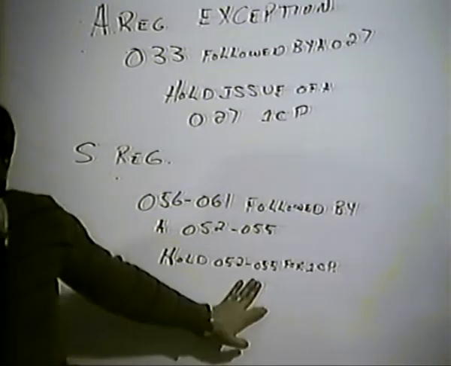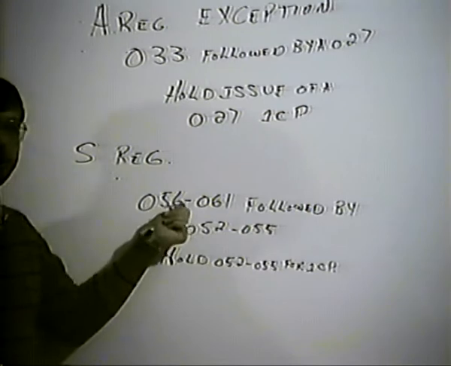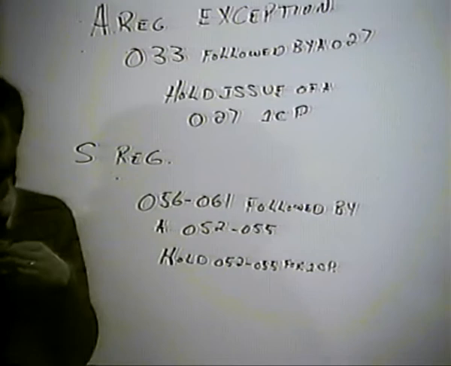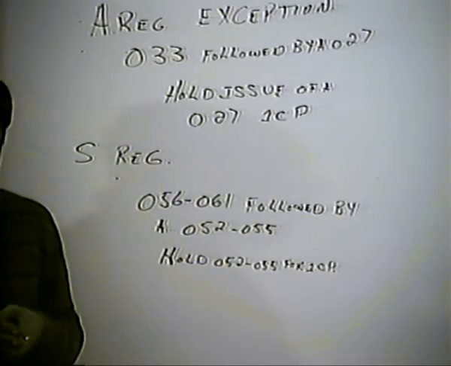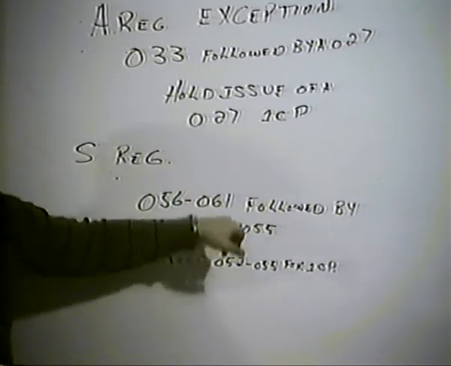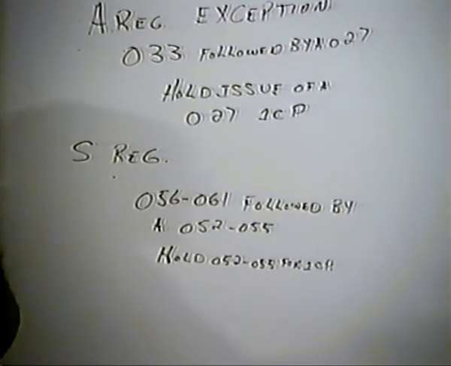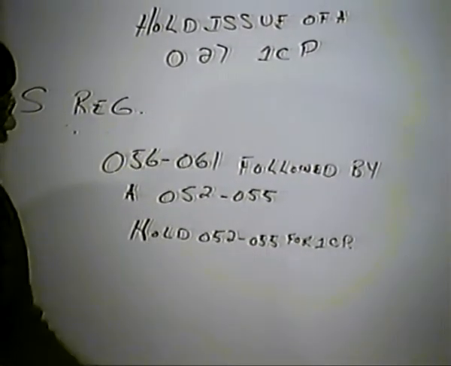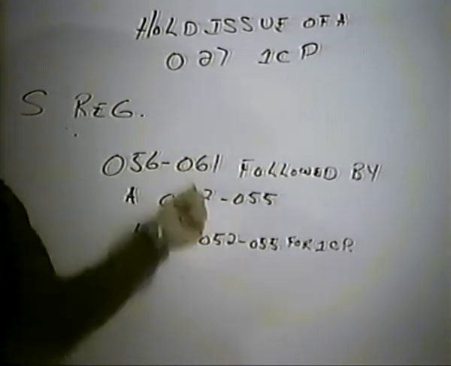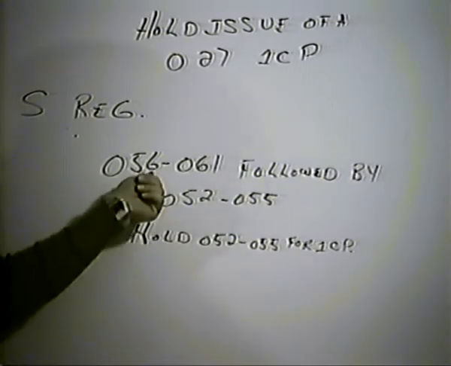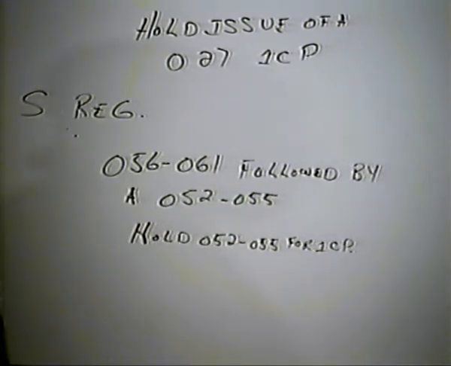And if you did a shift operation and it was immediately behind an address or a scalar add operation, the shift and the add functional units share their data paths. And it so happens that the shift takes 1 clock period less than the add does. And since they share the paths, the data would OR if we didn't solve the problem. The way we solve the problem, they say, well, if you've issued an 052 through an 055, and you have in CIP an 052 to 055, and you just issued an 056 to 061, just hold issue on that for 1 clock. That'll solve the problem then.